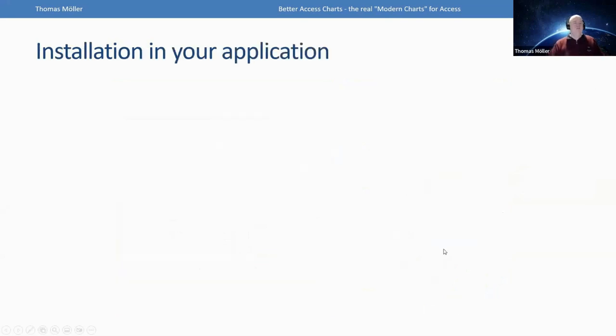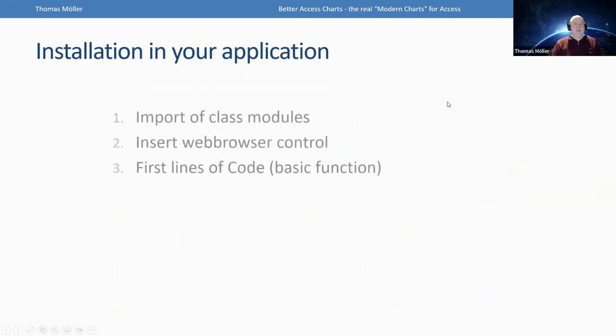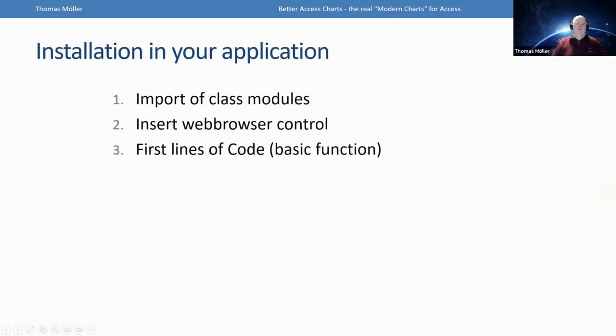And how can you install this in your application? The first thing is, okay, go to the GitHub site. I will provide a link at the end of the presentation. Download the sample code and the sample database, and then import the class module into your database.